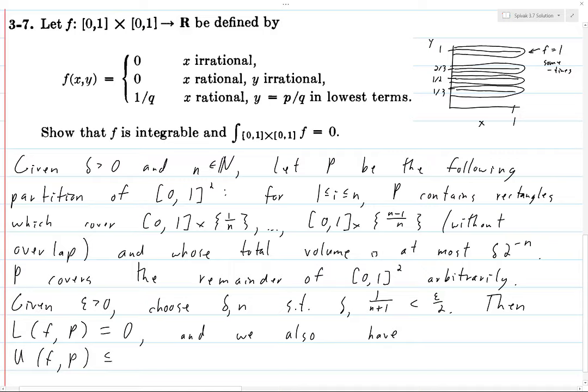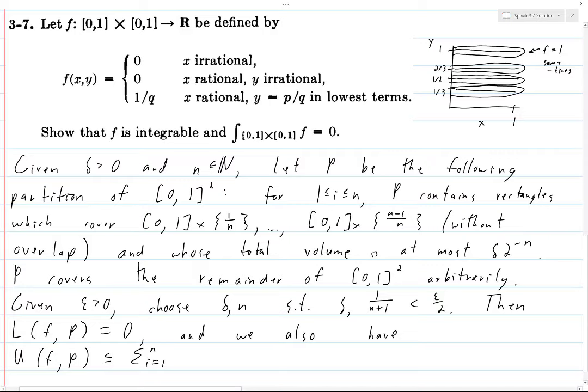Okay, so let's think about this. What is the upper sum going to look like? So this will be less than or equal to. Okay, so we first look at these for i equals 1 to n.